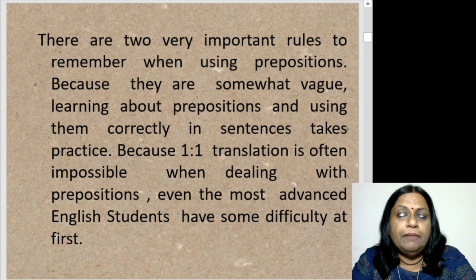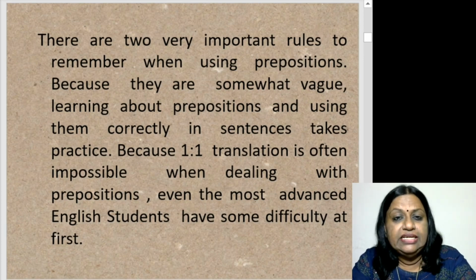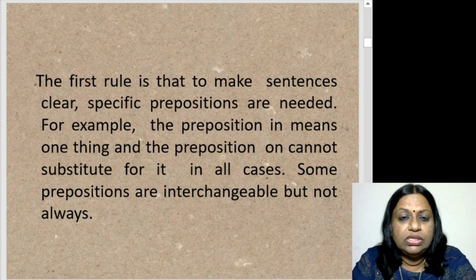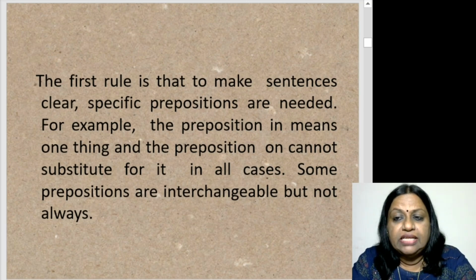When it is verbs or other parts of speech, you can translate easily, but not with prepositions. So the first rule that you must remember is that to make a sentence clear, specific prepositions are needed.